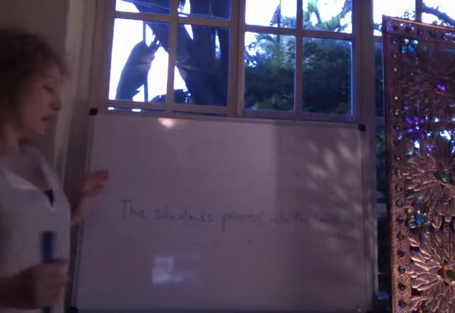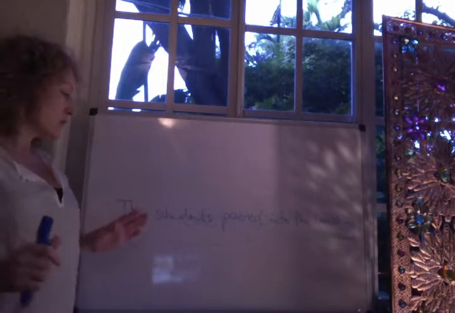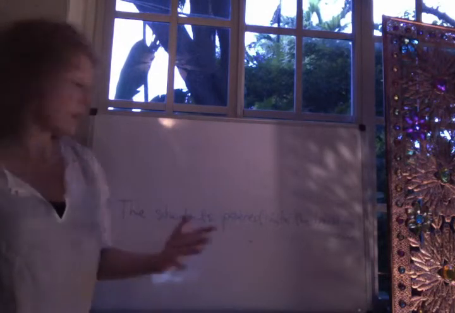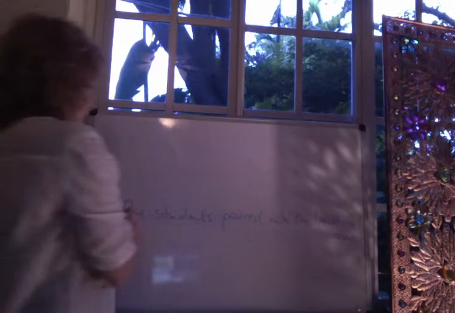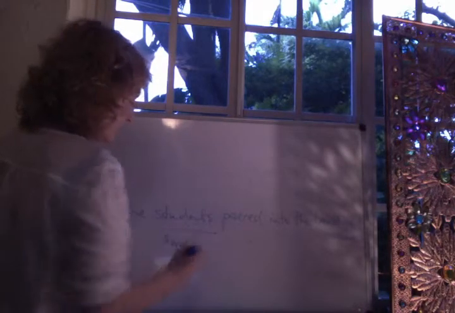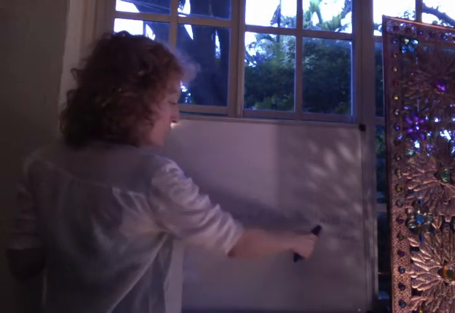So first thing, let's isolate our subject. Who is this sentence about? What is the sentence about? What's the topic? It is the students. So that's going to be your subject, and you're going to want to get rid of that immediately. Peered into the limestone cave.